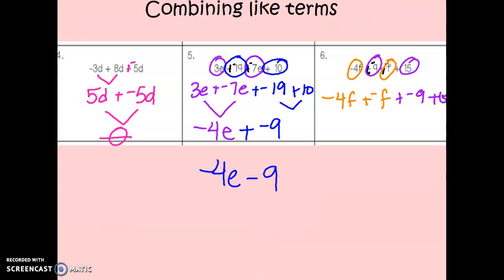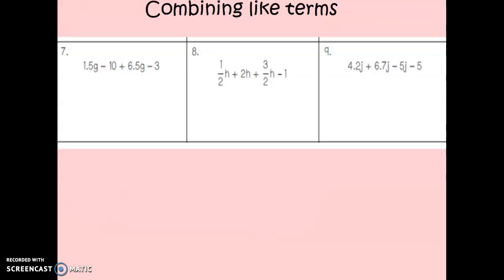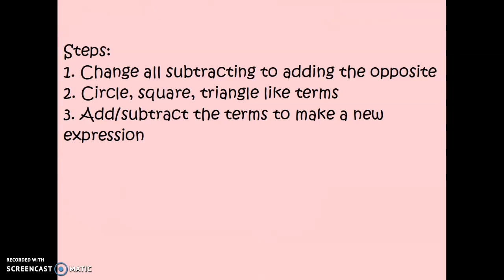Alright, so we're going to combine them. So negative 4f, remember I told you guys this would have that imaginary 1 in front of it. So negative 4f plus negative 1f gives me negative 5f. And then I've got negative 9 plus 15, which gives me positive 6.